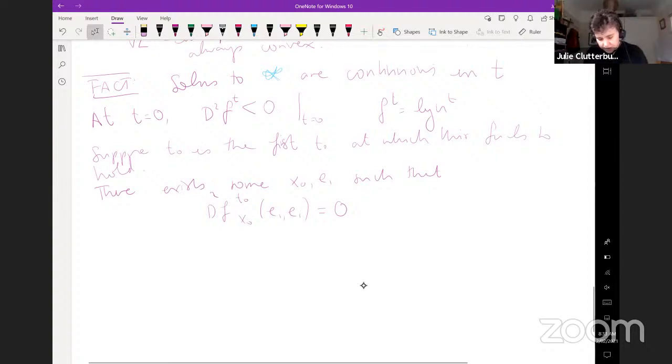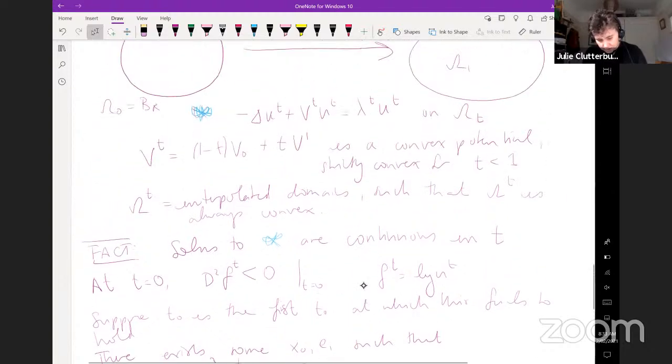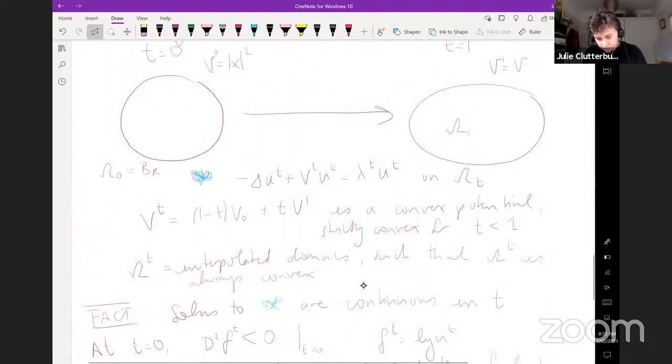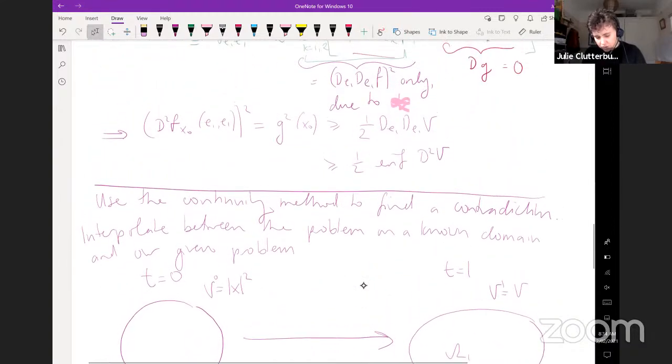But the problem is we have our previous estimate here, which is actually that at such a point, if we assume this is a maximum point, which it has to be if this is the first one, then we have this inequality here.